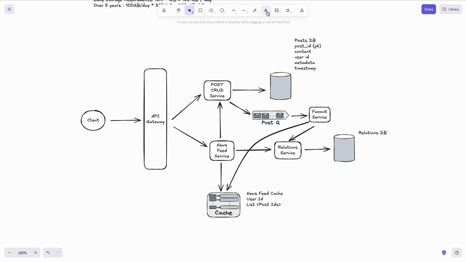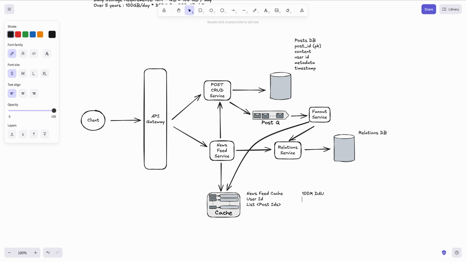We have 100 million daily active users, and for each user, let's say we cache 500 post IDs, and let's say each post ID will take around 16 bytes. So this is including the post timestamp and the unique ID.